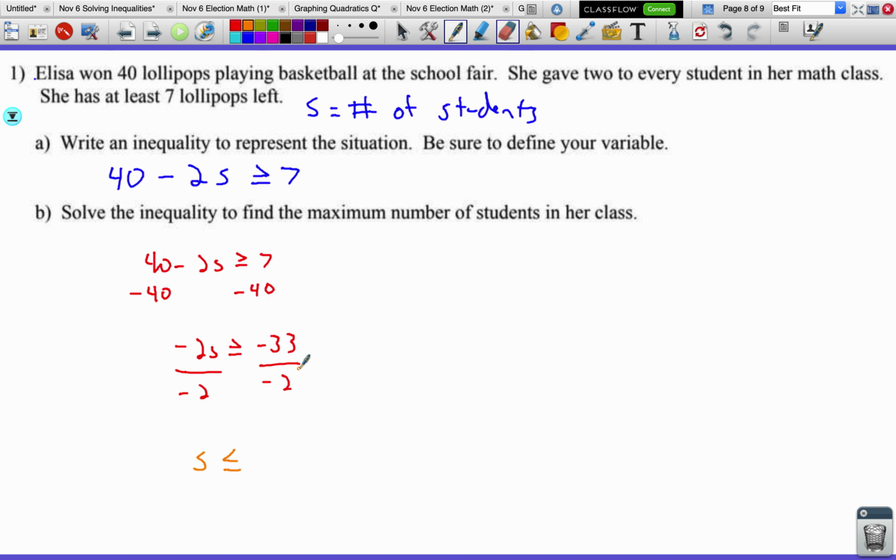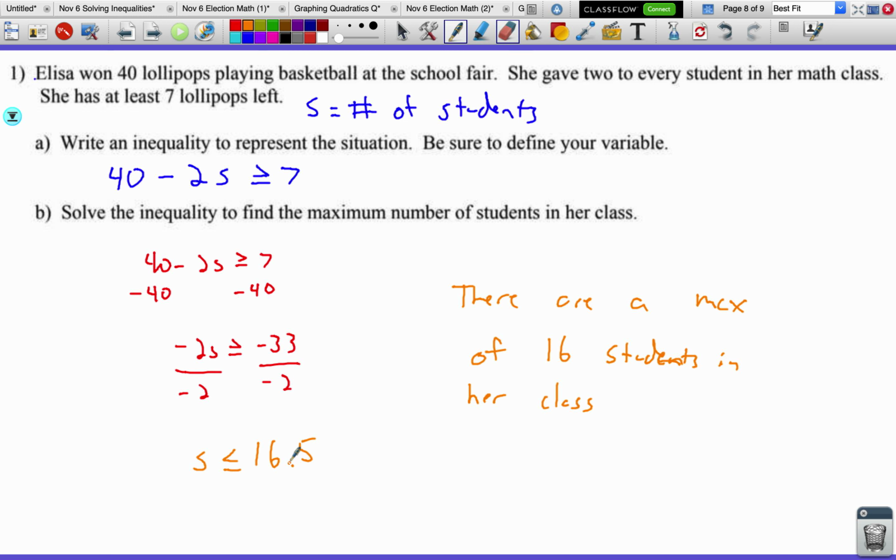to, let me do that one on the calculator, 16.5. But we can't have half of a student. So because this is a less than, we have to go down to 16. There are a max of 16 students in her class.